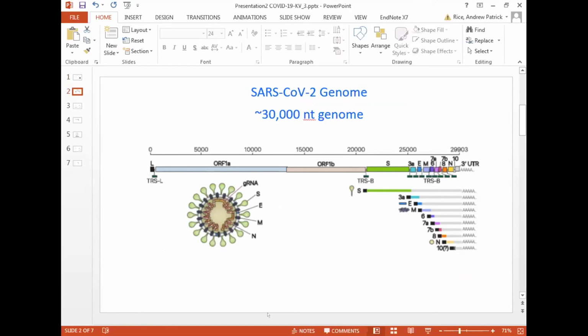So here is the pathogen that we've been talking about. Its genome is 30,000 nucleotides. The first approximately two-thirds of the genome are ORF1A and ORF1B. They encode the non-structural proteins that are involved in replicating the genome. They contain an RNA polymerase, and capping and methylation enzymes for the 5' end of the virus, which is, of course, an RNA genome, so its 5' end is capped and methylated.